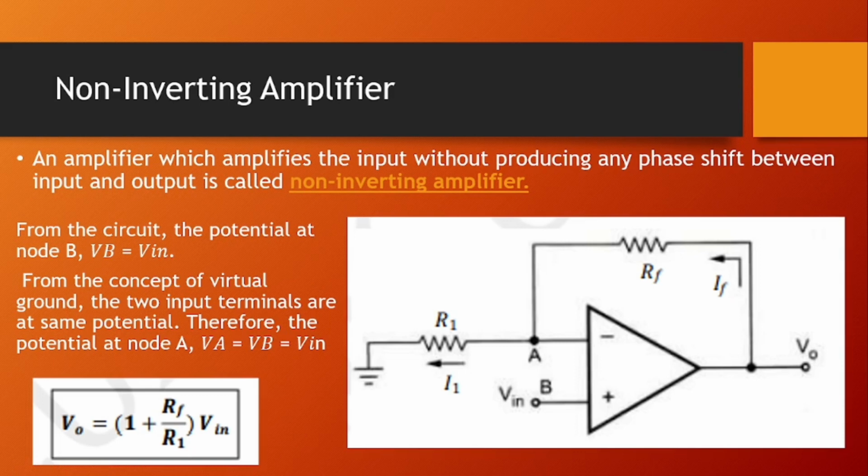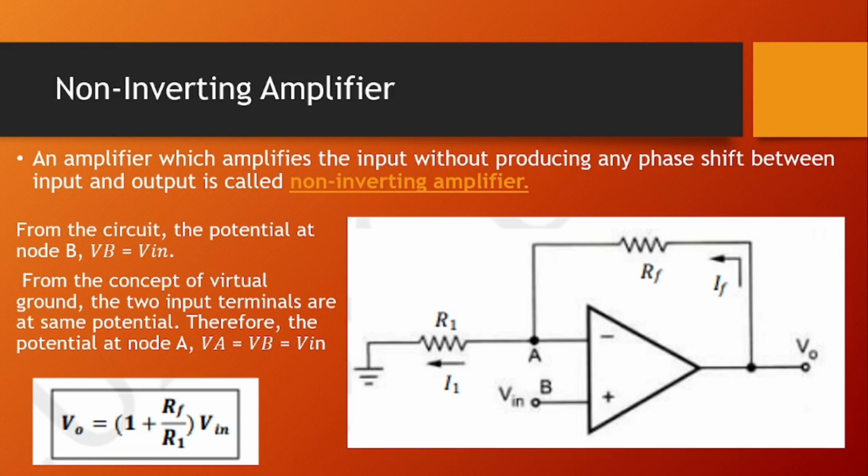Good morning. I'm Legaspi Memory, and I will be the reporter for the non-inverting amplifier. A non-inverting amplifier is an amplifier which amplifies the input without producing any phase shift between input and output. The figure at the left side shows a non-inverting amplifier using an op amp. From the circuit, the potential at node B, VB, equals Vin.